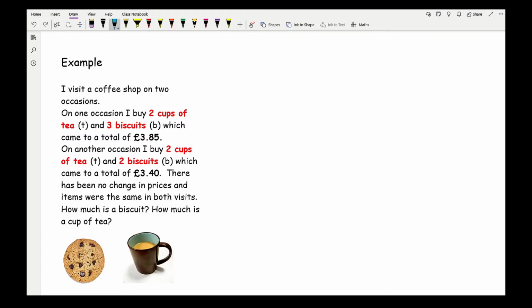Rather than writing 2 cups of tea and 3 biscuits, and that comes up to a total of £3.85, what I'm going to do is use algebra instead.